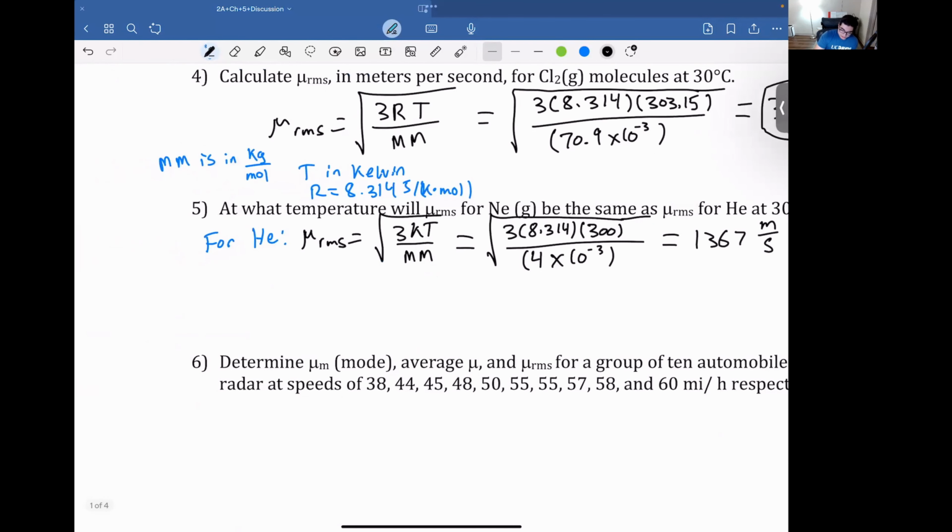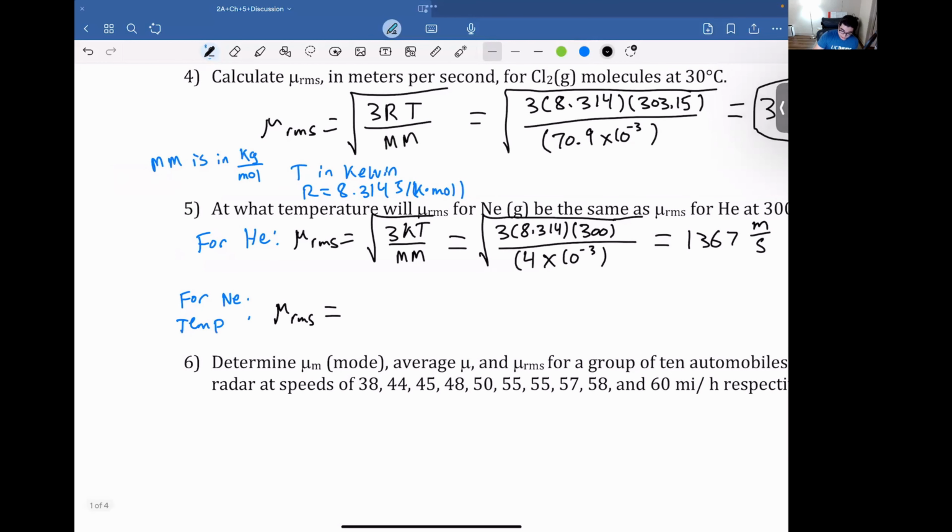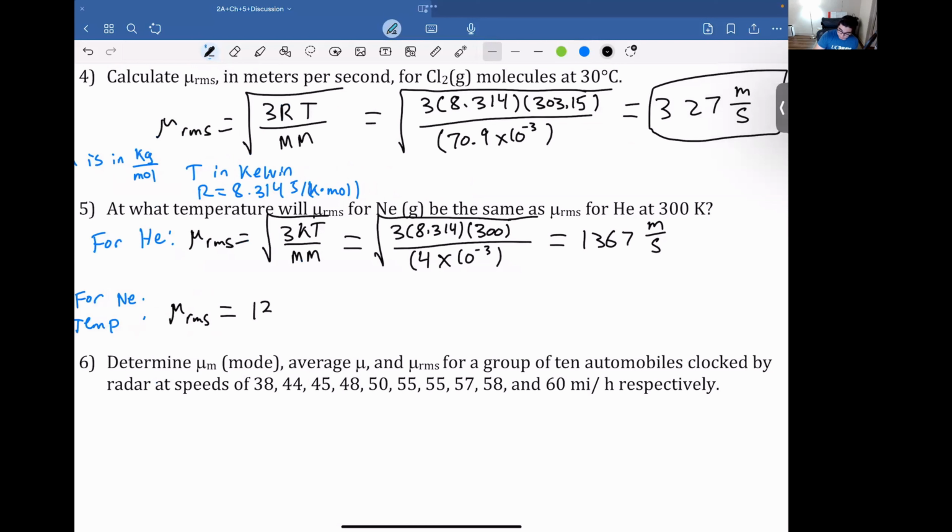And then we can do it for neon. So we know that the root mean square speed of neon is equal to the root mean square speed for helium. Then we can plug in these things.